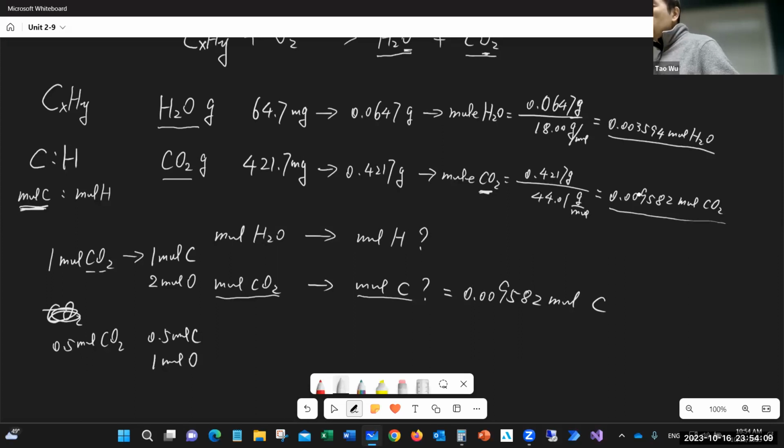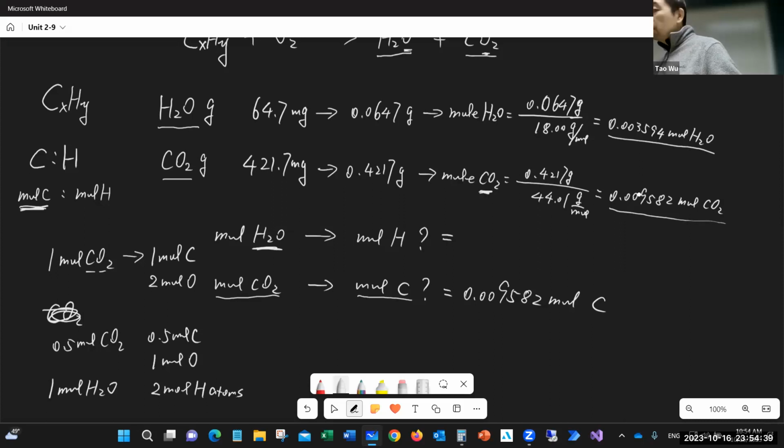And same thing for the moles of water. But here it's a little bit different, because that's H2O for hydrogen. If we have 1 mole of water, how many hydrogen atoms are in there? You got 2 moles of hydrogen atoms.